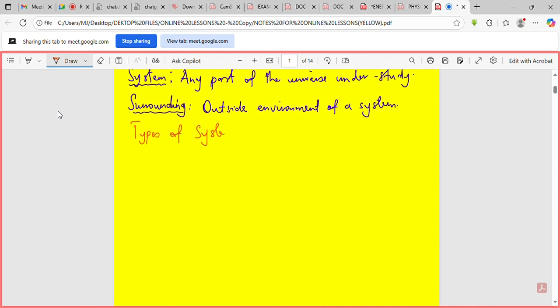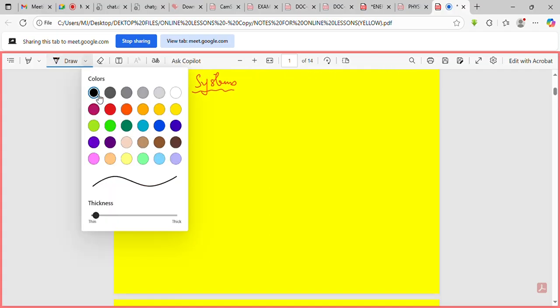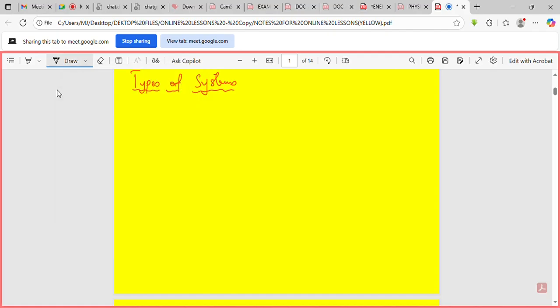Types of systems. Now, generally, we have three types of systems. We have what we call the open system. Now, what is an open system?